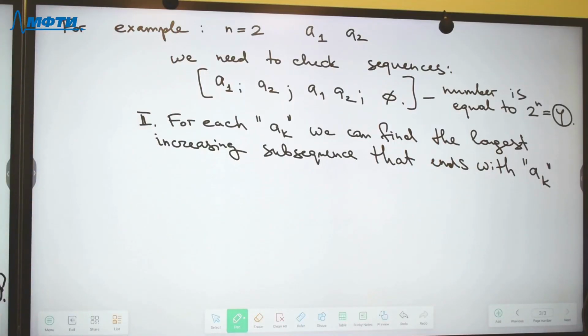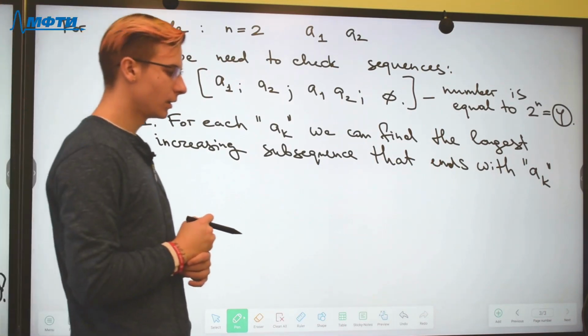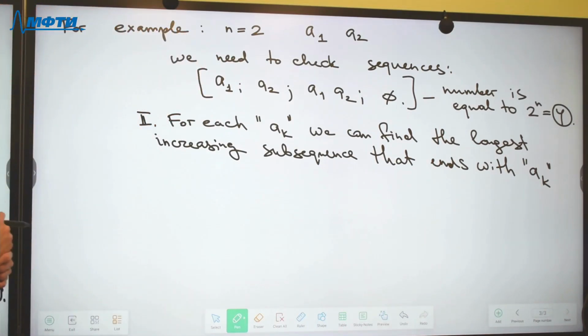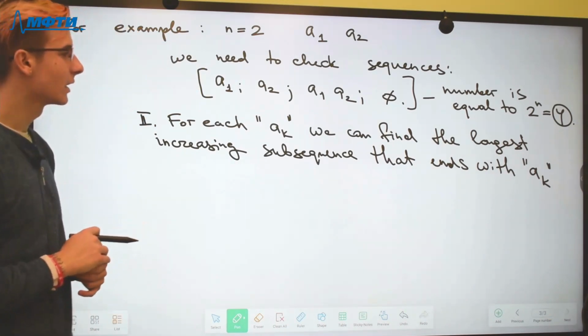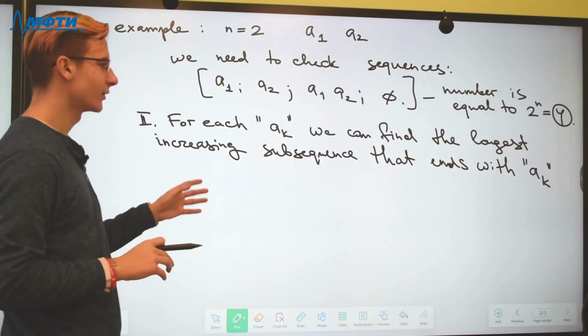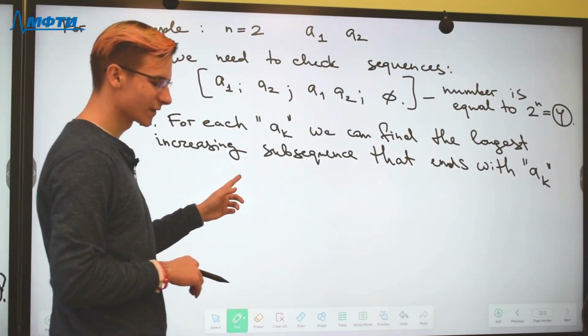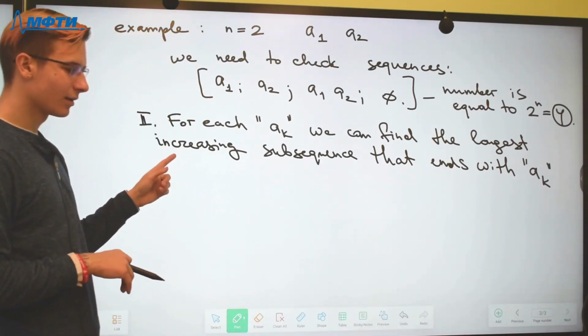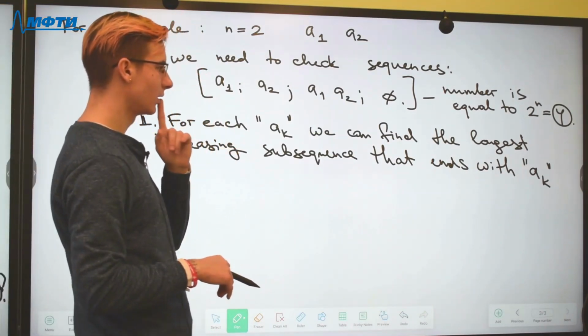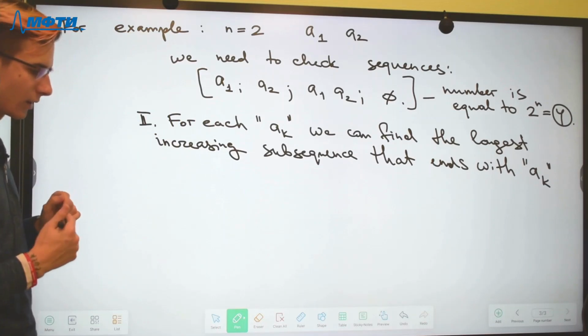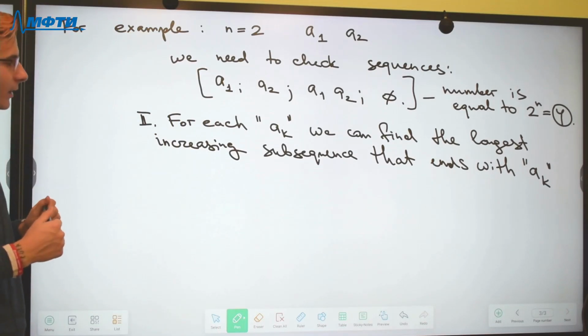So, how can we find this subsequence? Interesting that if we use different structures to store previous longest increasing subsequences, we get different time complexities in the algorithm.